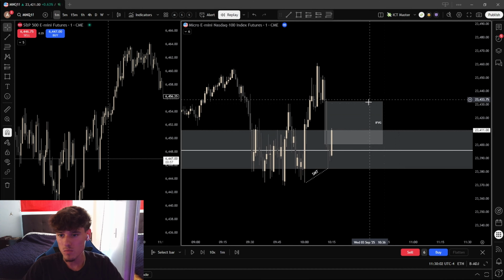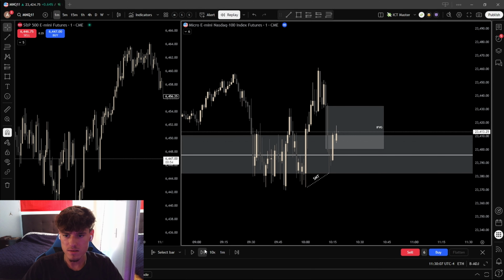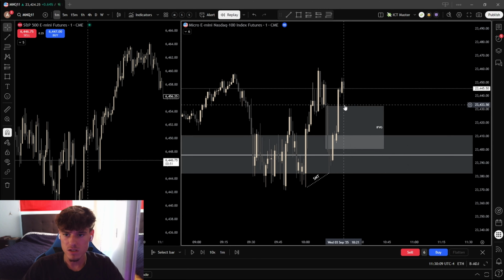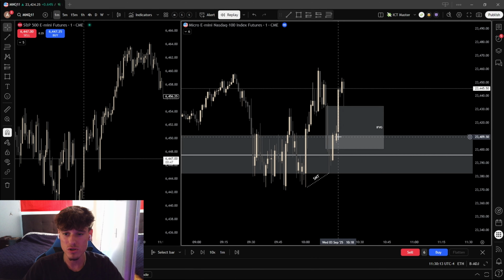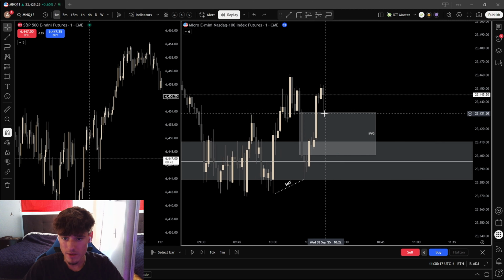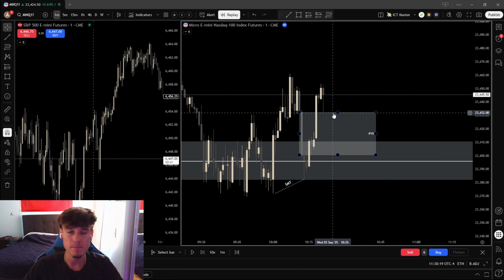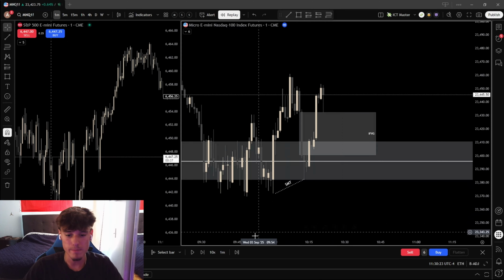So the second we break this, we are looking for an entry. We can honestly expect a pretty nice move. So right here, we have that nice strong push showing lots of momentum. That was beautiful. And right here, I put my limit. So right when we came back into this zone, I took that buy.